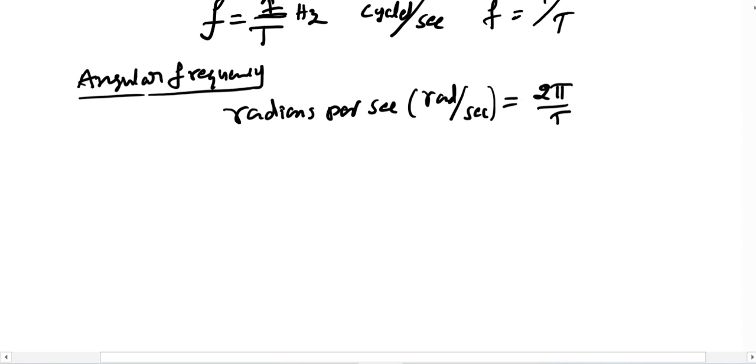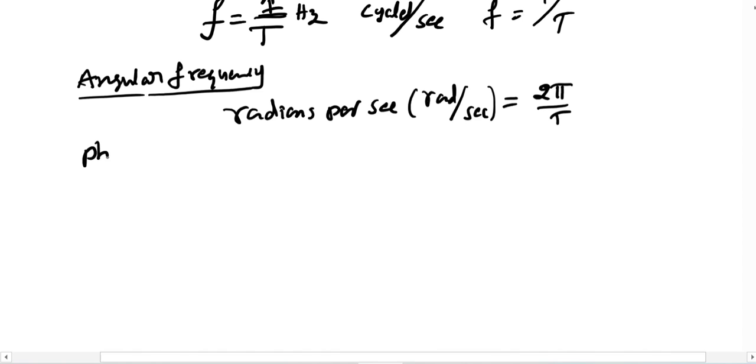So this is how many radians per second your waveform is able to pass. That is called radians per second. So that is the definition.